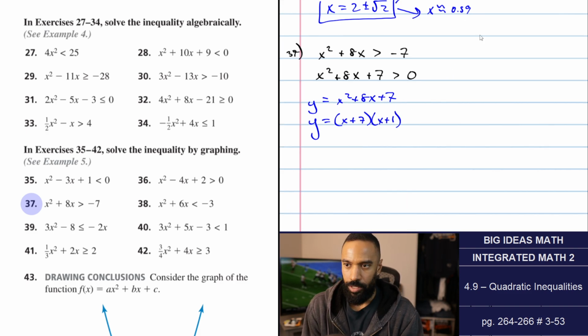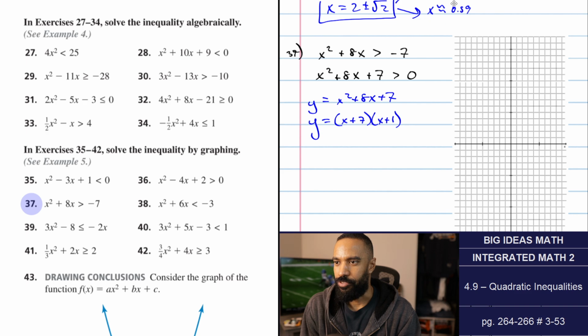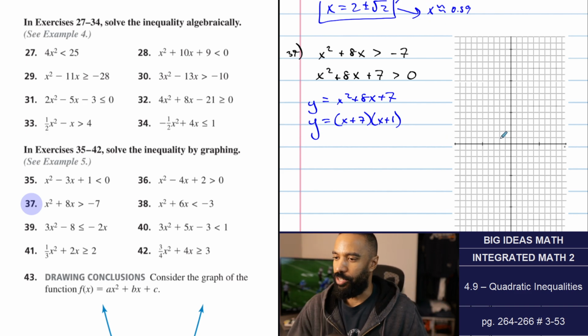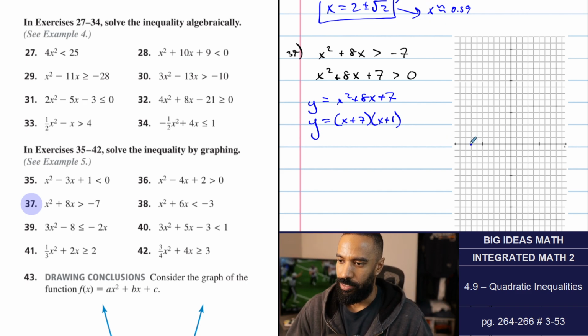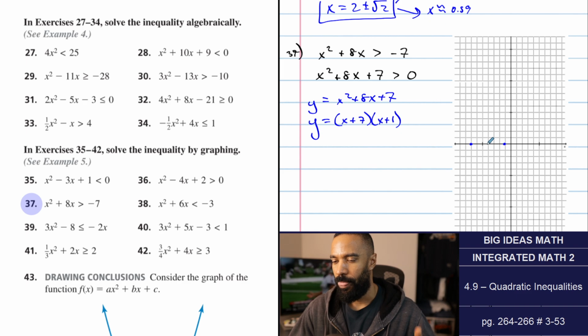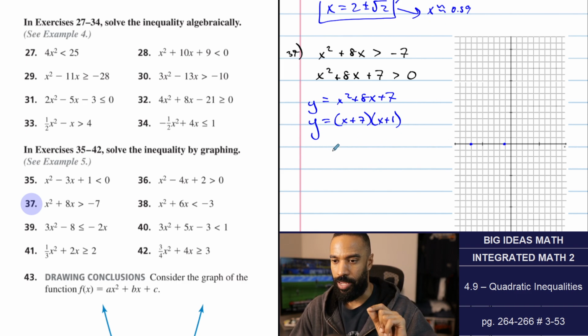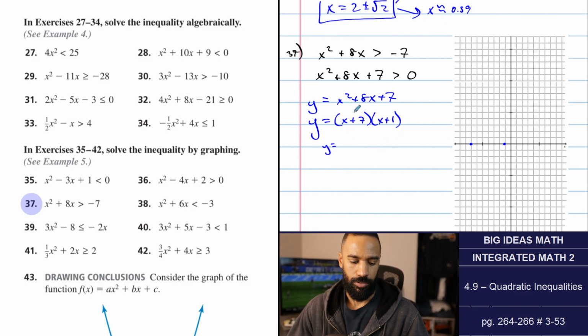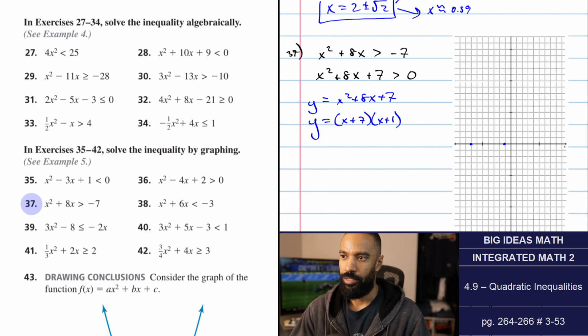So that gives us x-intercepts of -7 and -1. The axis of symmetry is halfway in between at -4. -4 plus 7 is 3. Hold on, we do some different color. Axis of symmetry is x equals -4.